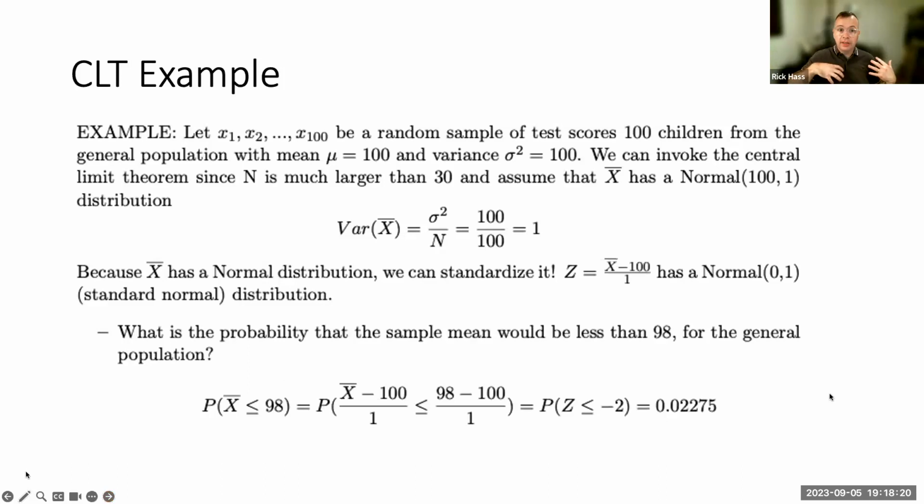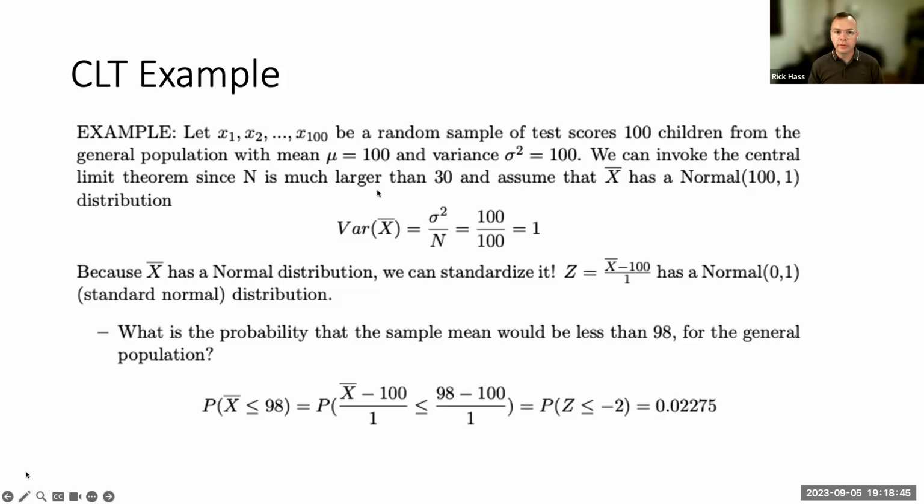So now putting it all together, z-scores with standard error, with everything else, okay? Let's see how this works, okay? Let our individual x's each be different test scores from 100 children from the general population. Turns out on this test, the mean is 100. Variance is also 100.